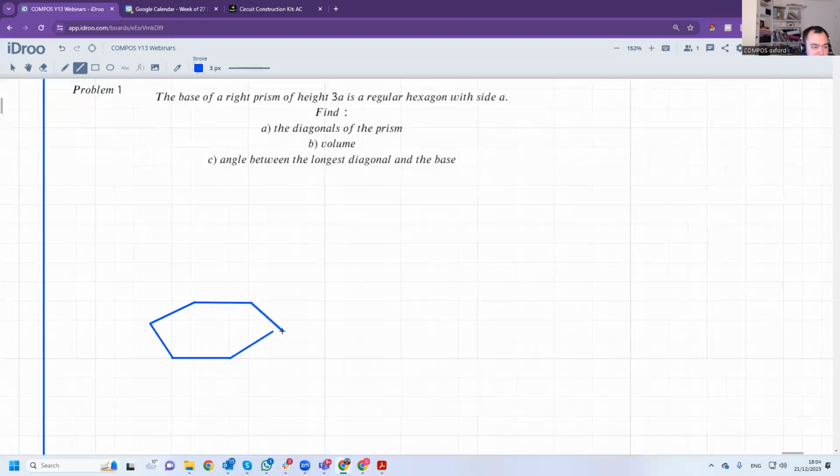So basically like this. Not a pencil. A pencil, an example of a right prism. And here, draw lines. So this is a right prism.